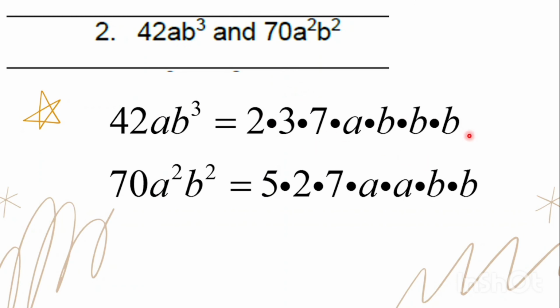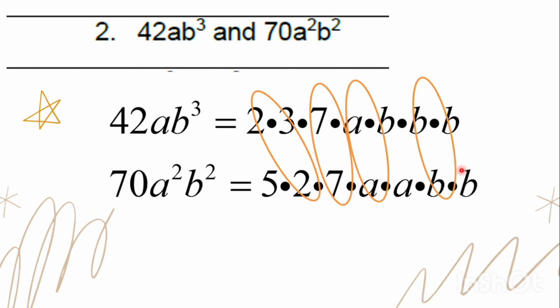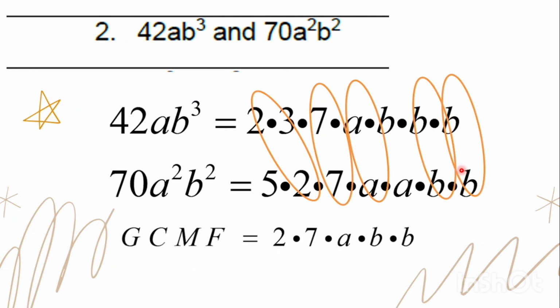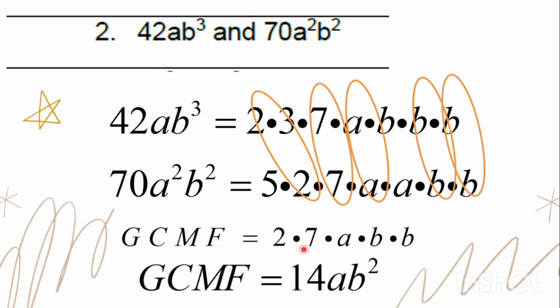So the first factors which are common to these two are 2, 7, A, and B. And we also have another B. So if you're going to rewrite the GCMF, it will be 2 times 7 times A times B times B. And then we have to multiply this. 2 times 7, we now have 14A, and since we have 2 B's here, the exponent will be B squared.